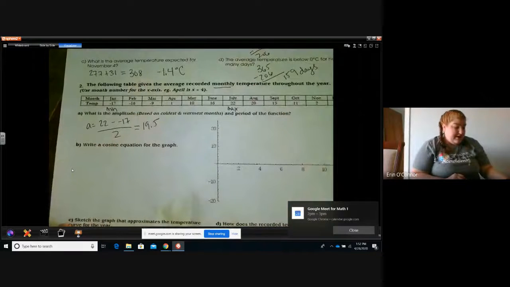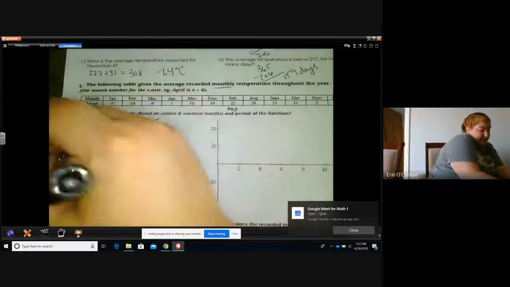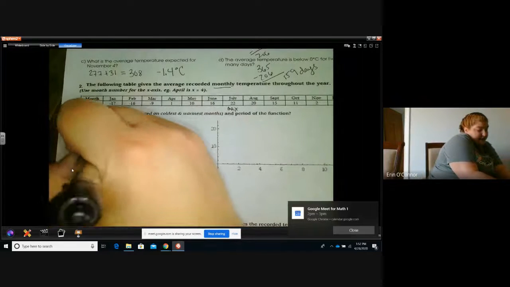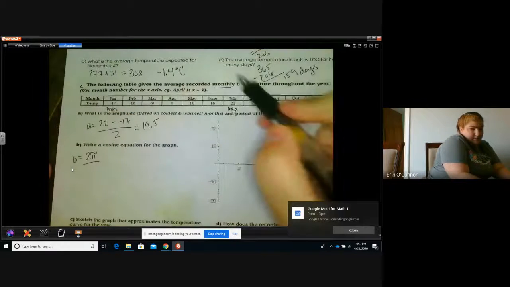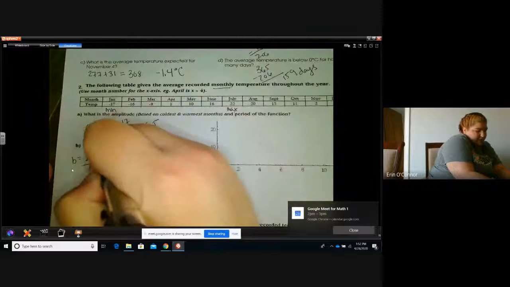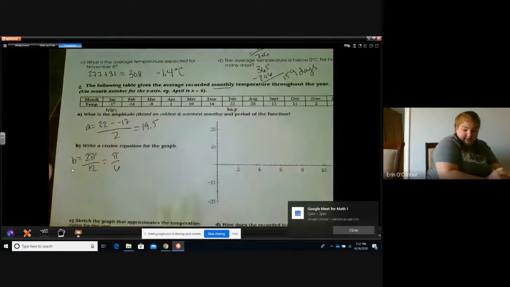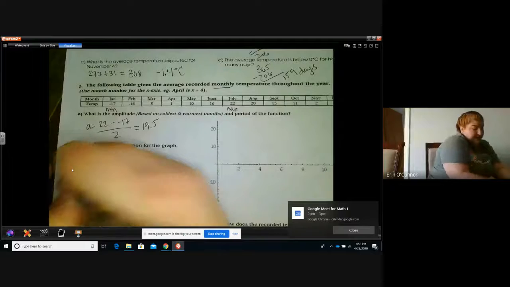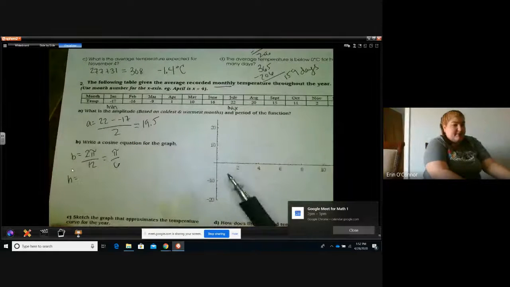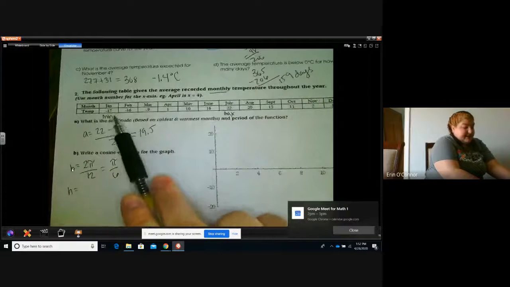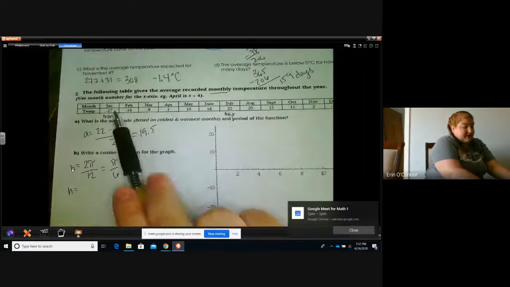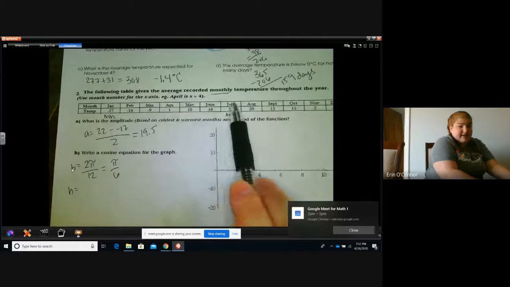All right, and we need to write a cosine function for this. Well, my b this time is 2 pi over, we're doing months, not days, so 12, which reduces to pi over 6. My h. Now, since we're doing months, we're counting in months. And this is the warmest. It is 1, 2, 3, 4, 5, 6, 7 months in.